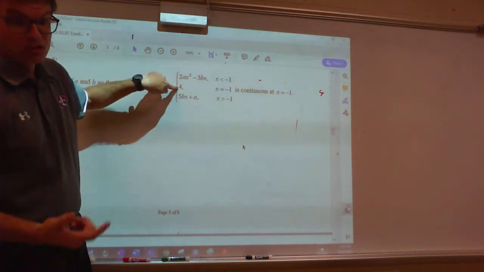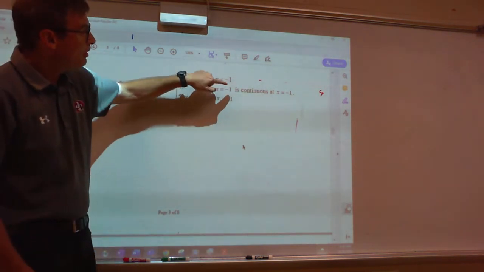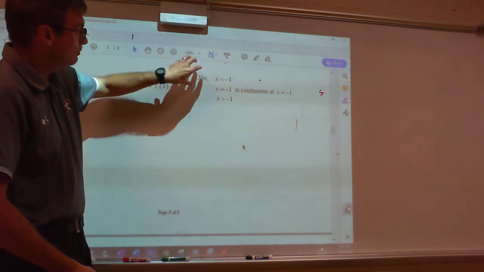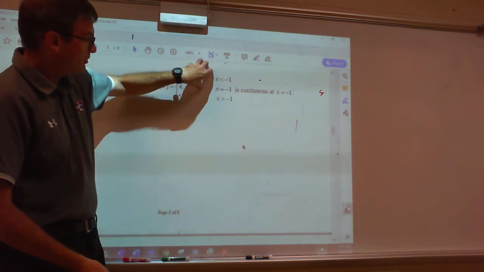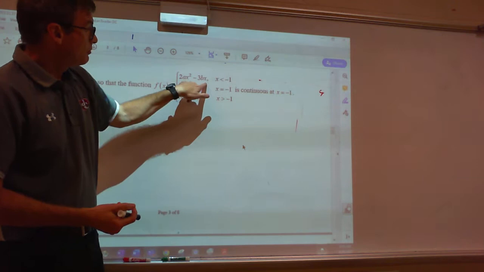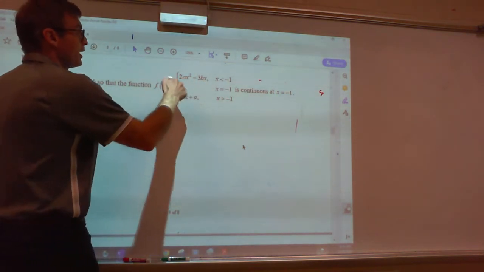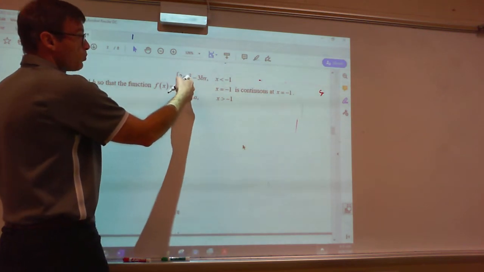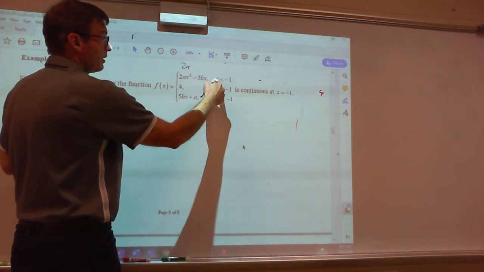They already told me this y value is 4, and if I want this y value to match up, this says when I plug in -1, I've got to find my particular y value. So I'm going to plug in -1 for my x up here, and that gives me whatever my breaking point is. So -1 squared is 1, so that's going to give me 2a.